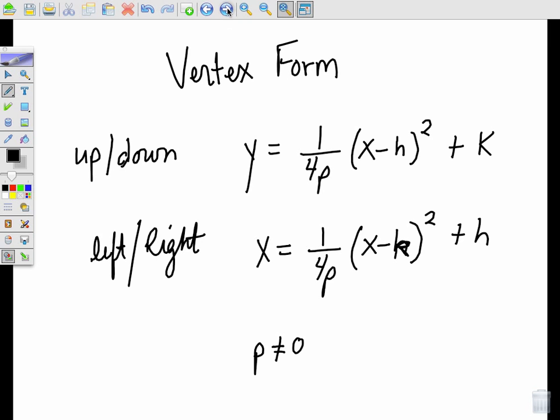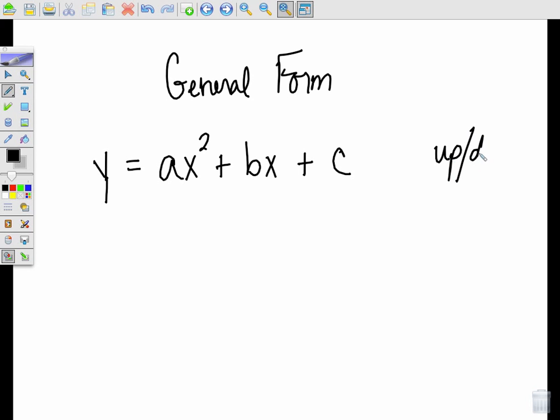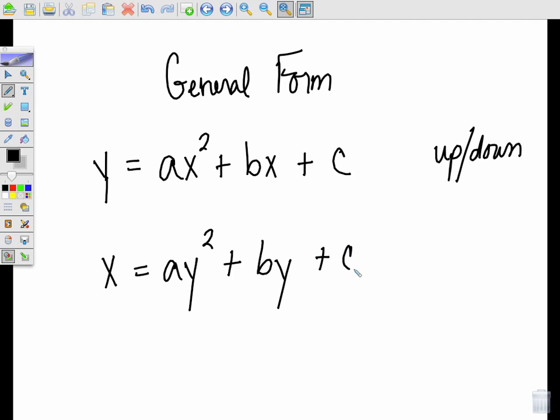All right, we got one more form here, and it's called general form. Your general form is y equals ax squared plus bx plus c, and this is for up or down, and x equals ay squared plus by plus c, and this is left or right.